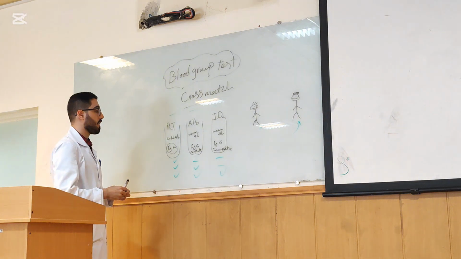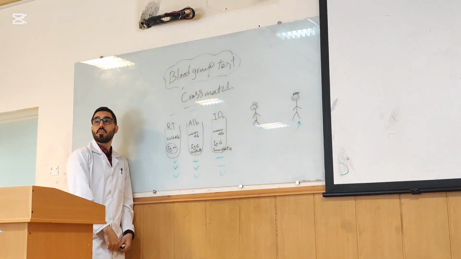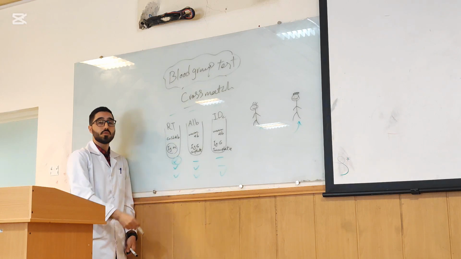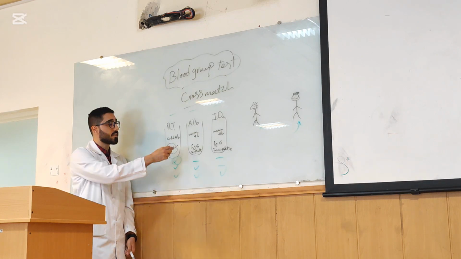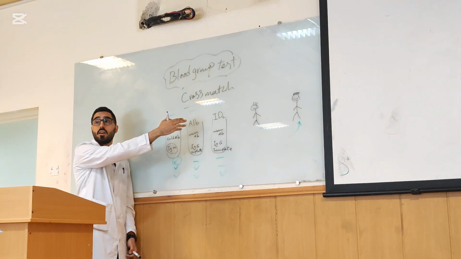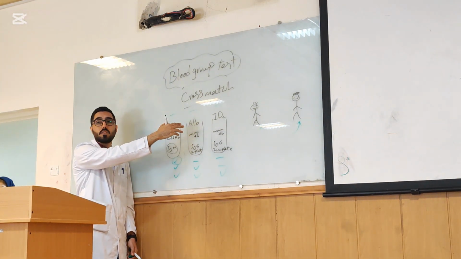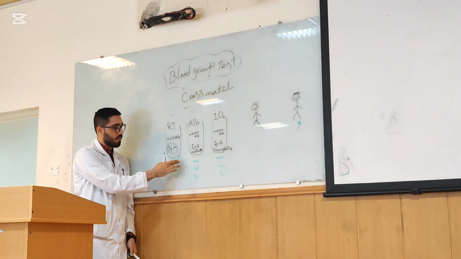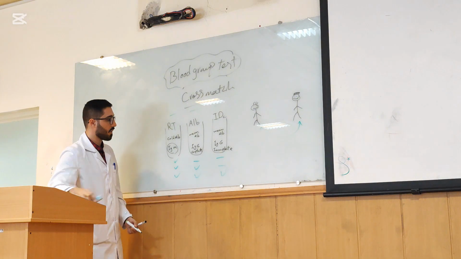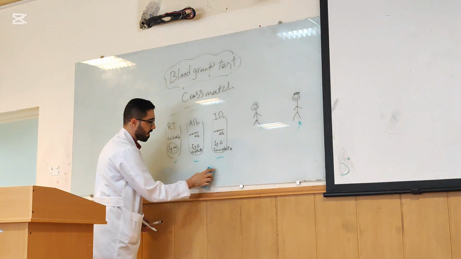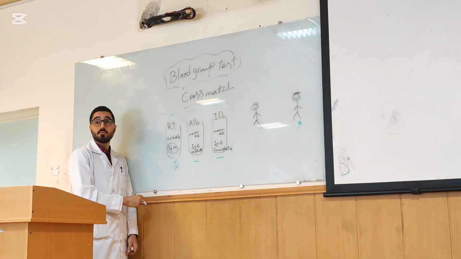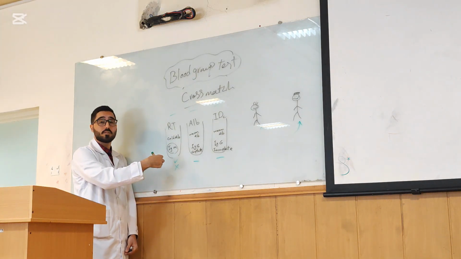But in the laboratory, if you see agglutination in one tube, we stop the test. We don't miss any level of the test. If you see no agglutination in RT, you must go for another tube.